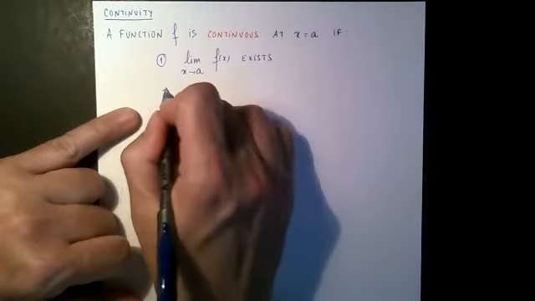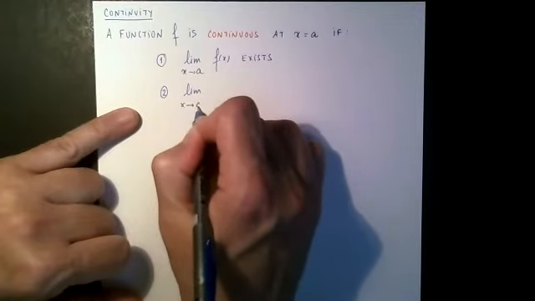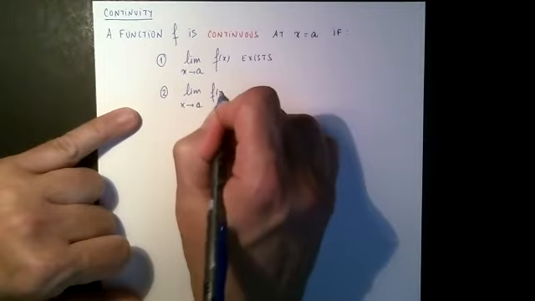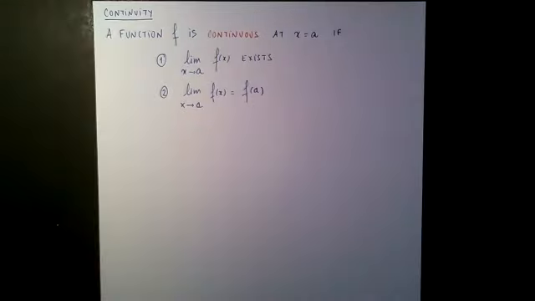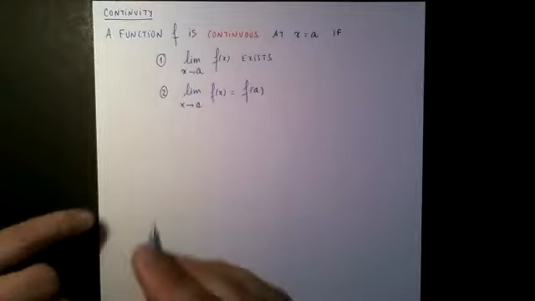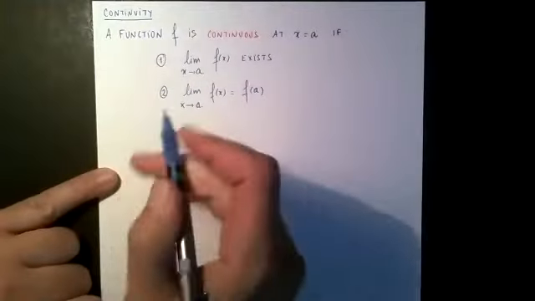And second, the limit as x approaches a of f of x is equal to f of a. So this is the definition of a function that is continuous at a certain value. Okay? So this is the definition of continuous at x equals a.